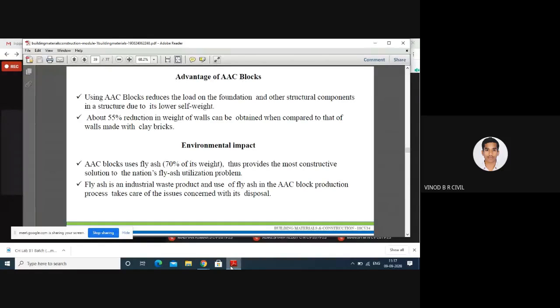Fly ash is an industrial waste product, and the use of fly ash in the aerated concrete block production process takes care of issues concerned with its disposal. Waste material disposal is one of the major problems in cities and around the globe. When we are using waste material in the manufacturing of cement concrete blocks or cement, it plays a major role.